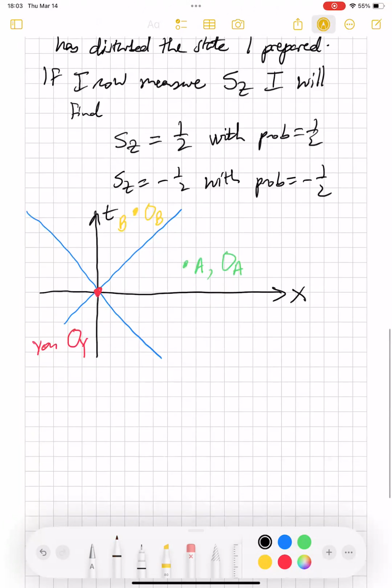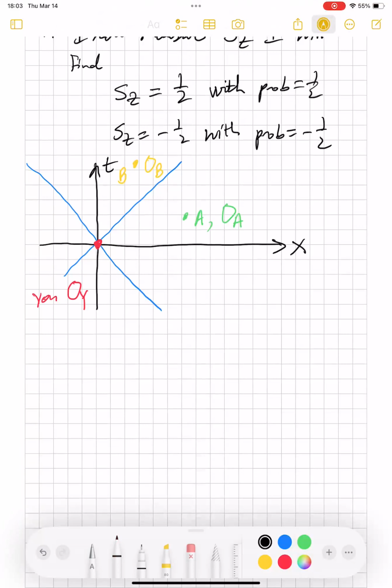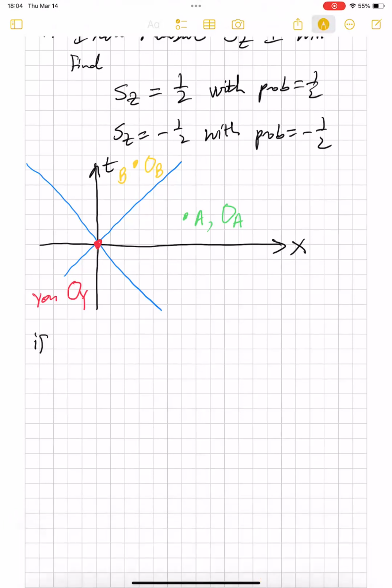Now, if you measure observable O_A at A, then not even light can travel between you and A. You would have to travel faster than light to get to A. So whatever you do at your point, you cannot disturb what's going on at point A. And whatever is done at point A cannot disturb what's going on at your point.